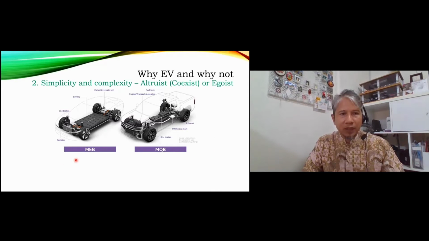And then just a few years ago, they developed a new platform for electric vehicles, which they call MEB, or modulare Antriebsbaukasten, a modular electrification toolkit.